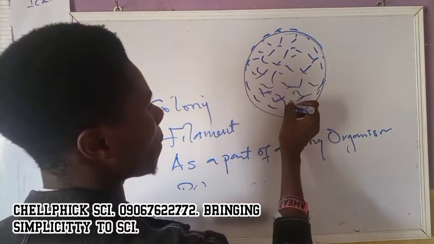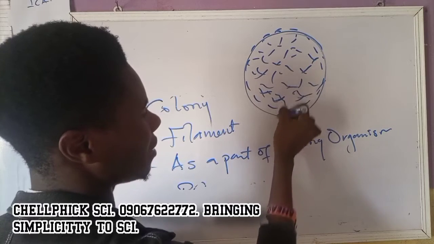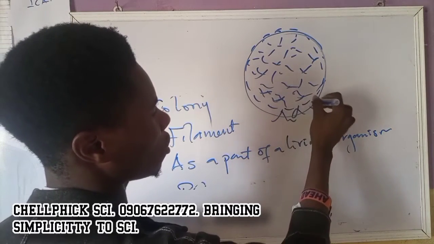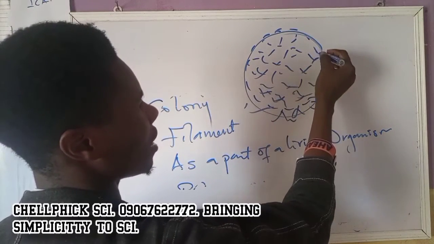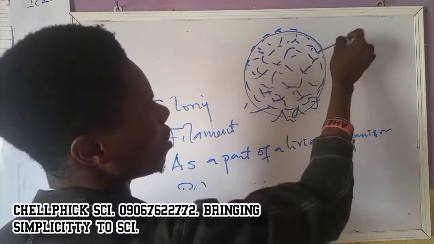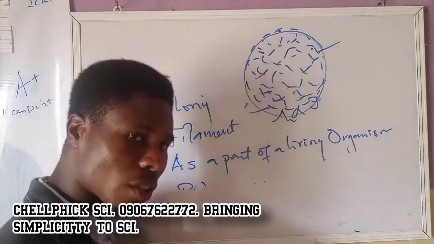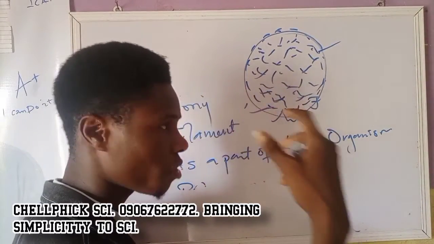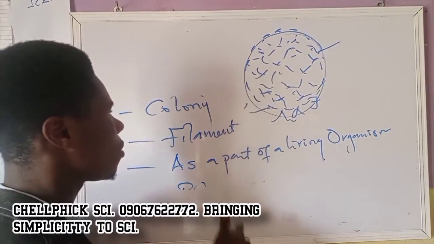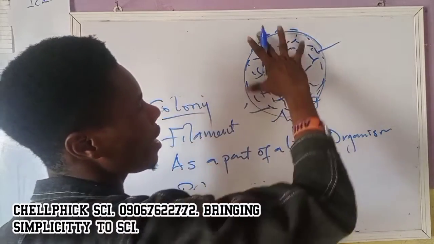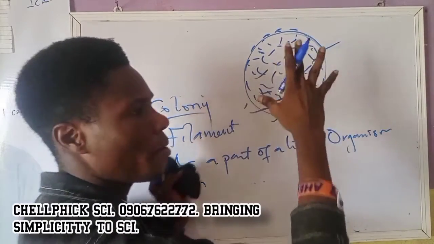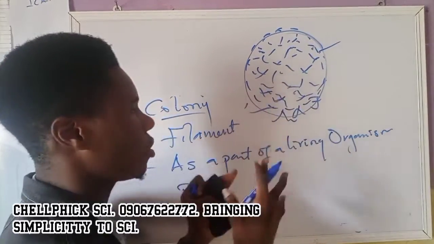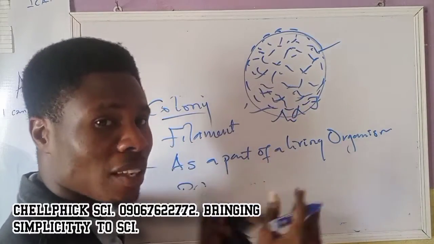For example, the cells found at the leg region function in terms of movement. Those found at the side region function in terms of vision. Those found in the brain region help in meditation and reason. So colonies are formed by the combination of many cells.